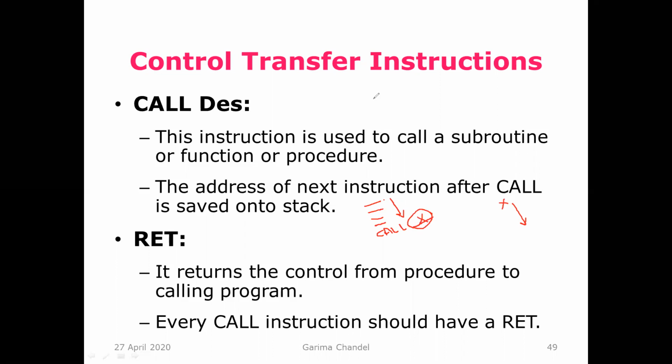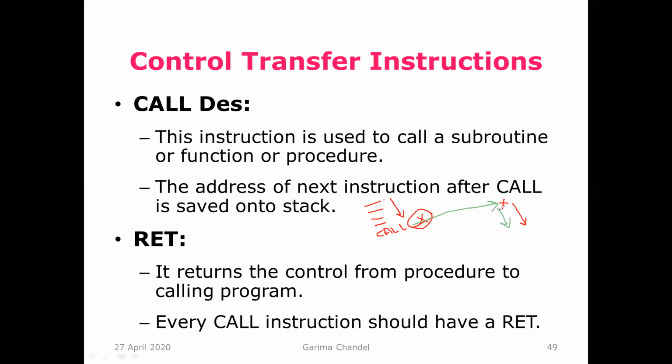If call was not there, then it will execute consecutive instructions only. If the call occurs, then the IP value, the instruction pointer value, will be changed, and it will execute this sequence, which is written in the form of a subroutine anywhere else in the memory.